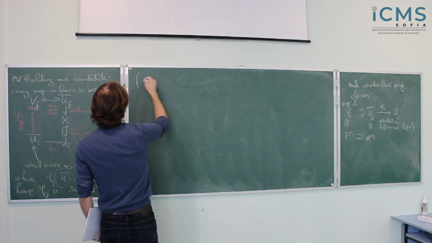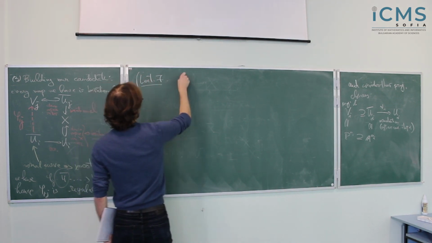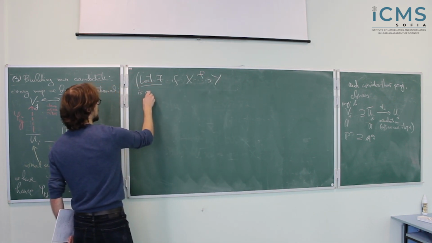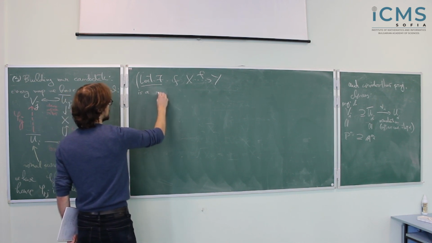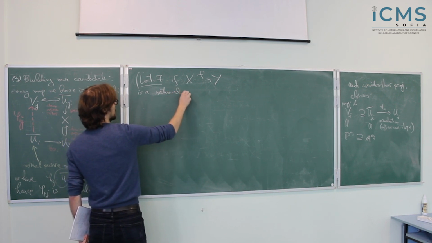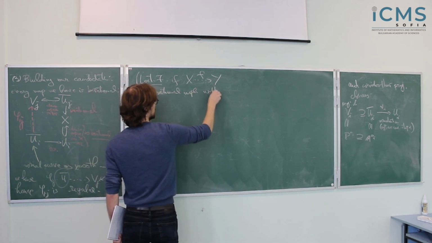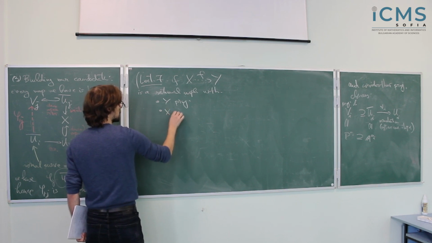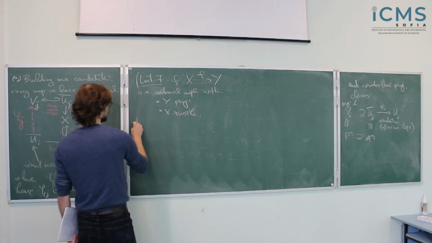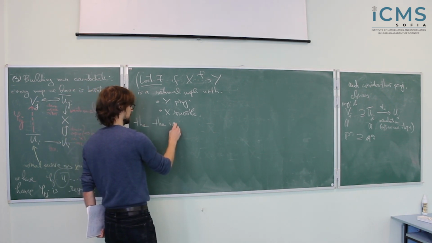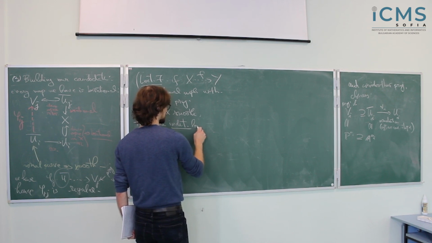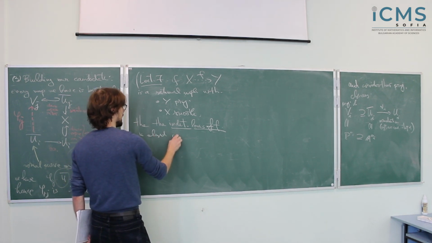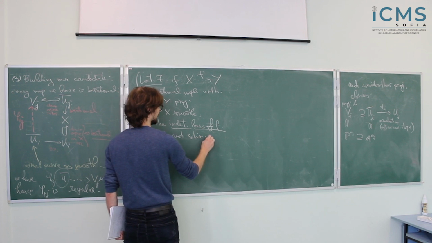Okay, so lecture 7: if f from X to Y is a rational morphism, not even birational, with Y projective and X smooth, then the indeterminacy locus of f is closed and of codimension at least two.